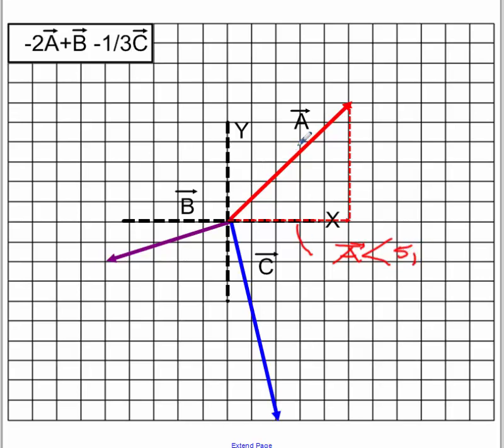And we'll pretend these vectors are in newtons, and each square I go represents 1 newton. So I got 5 newtons this way. I'll go ahead and put the units on it here while I'm at it. So I got 5 newtons here, comma. How far do I go up in y? 1, 2, 3, 4, 5, 6. I'll put 6 newtons this way.